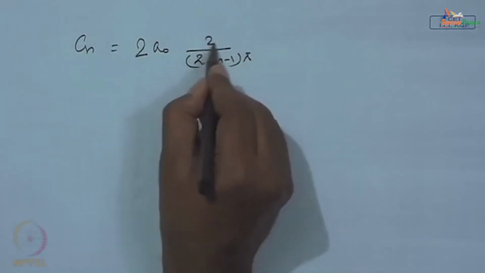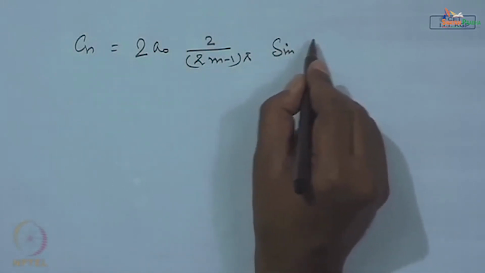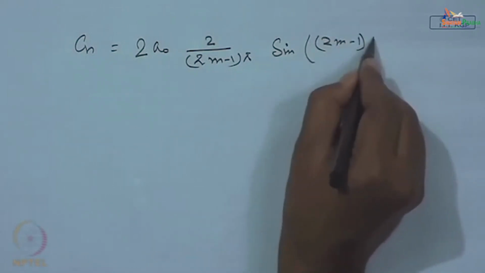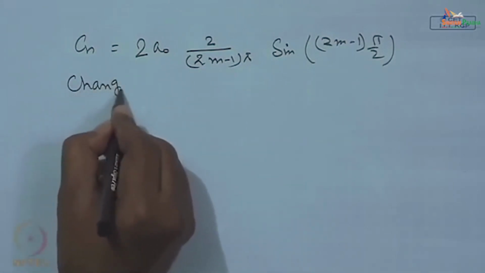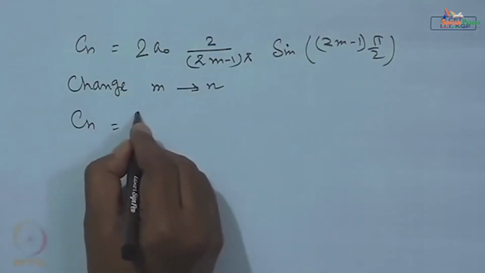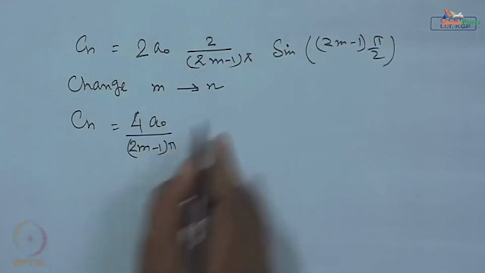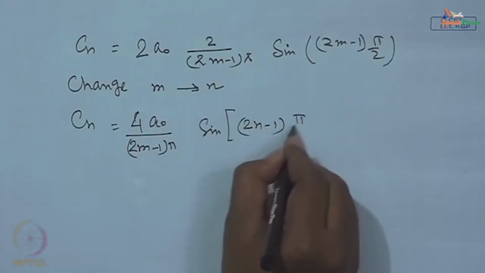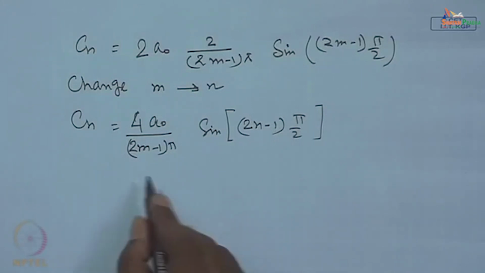So pi is there, 2 is there, and this will be sin 2 m minus 1 pi by 2. Changing the running index m to n, C n is nothing but 4 a naught divided by 2 n minus 1 pi times sin 2 n minus 1 pi by 2. That is the expression of C n.